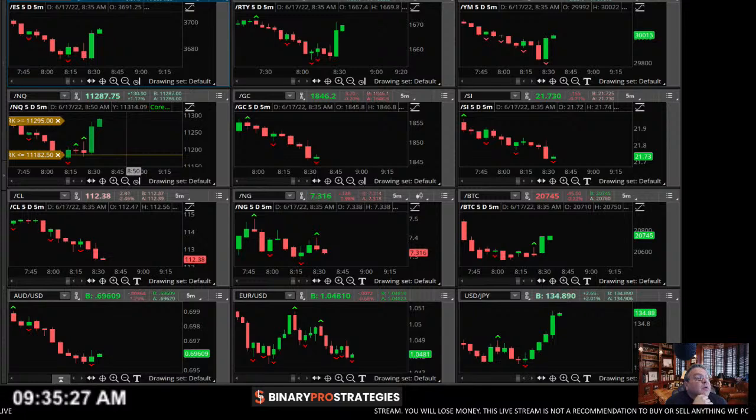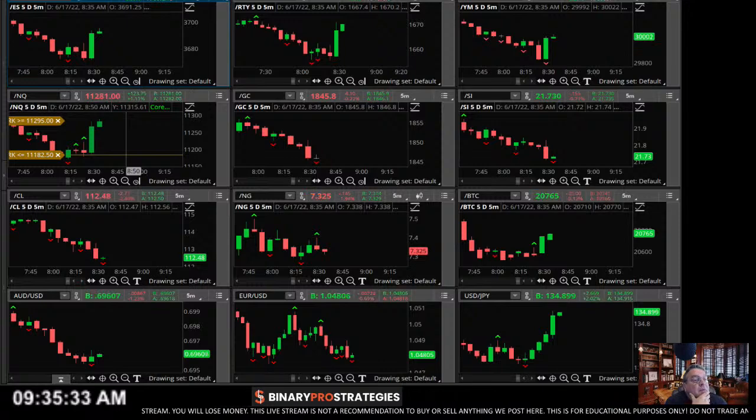Potential buy coming up on your mini Dow. Potential buy coming up on E-mini S&P. Now the Dow is up 92.